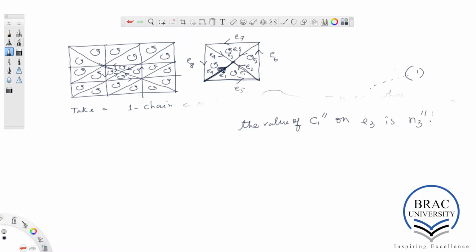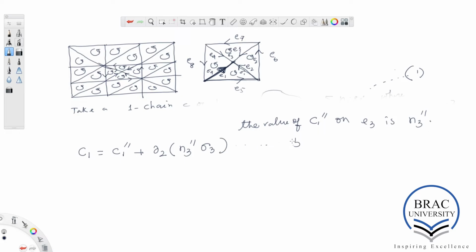Okay, so now I define a new one chain called C1, and that is defined as C1 double prime, the one that we just found, plus del 2 N3 double prime, which is the value of C1 double prime on E3, times sigma 3.